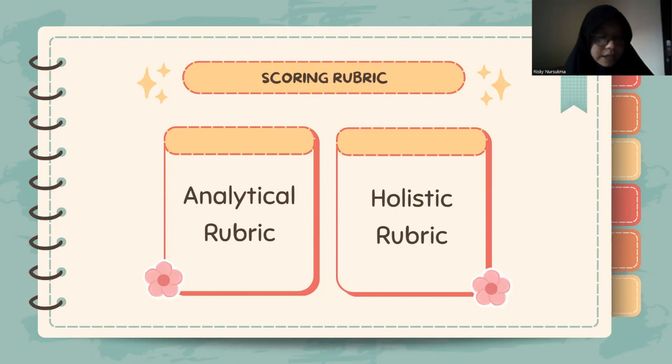The first, entering, second, emerging, third, developing, fourth, expanding, fifth, reaching. Maybe I will explain the first part. The first part is entering: you say of highest frequency vocabulary from school setting and content areas.